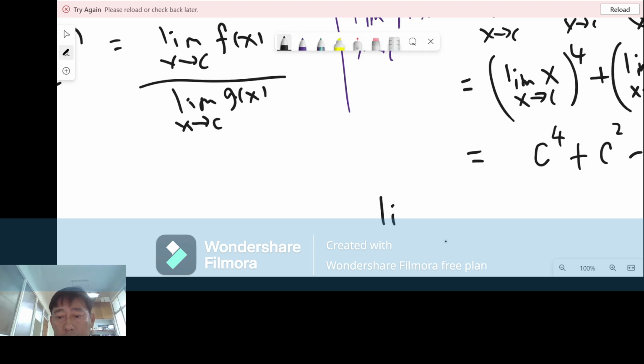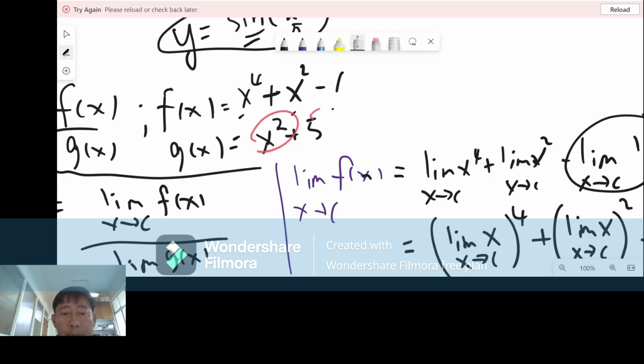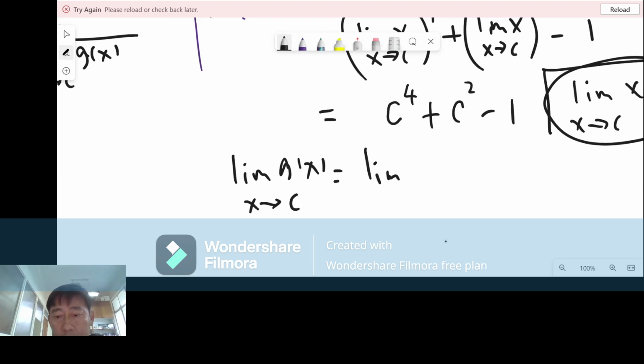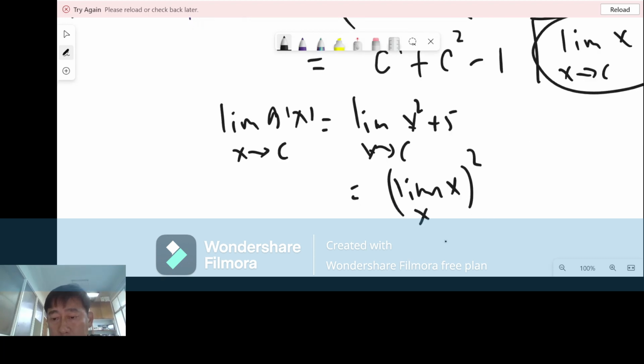So the limit of the function g when x goes to c, the g is x squared plus 5. So the limit of x squared plus 5 is simply equal to the limit of x raised to a power of 2 as x tends towards c, plus the limit of 5 as x tends towards c, and then you would just write this as c squared plus 5.